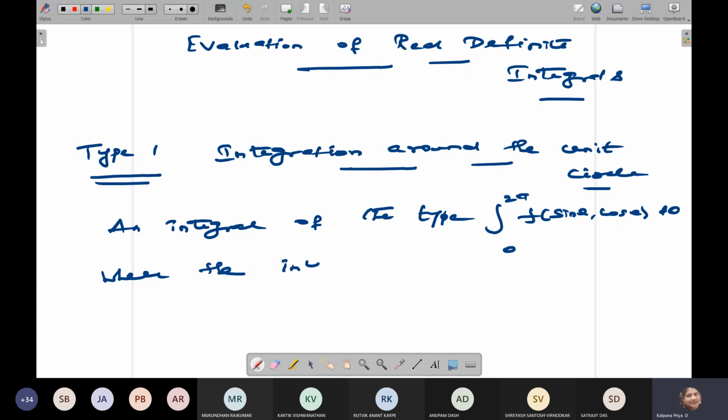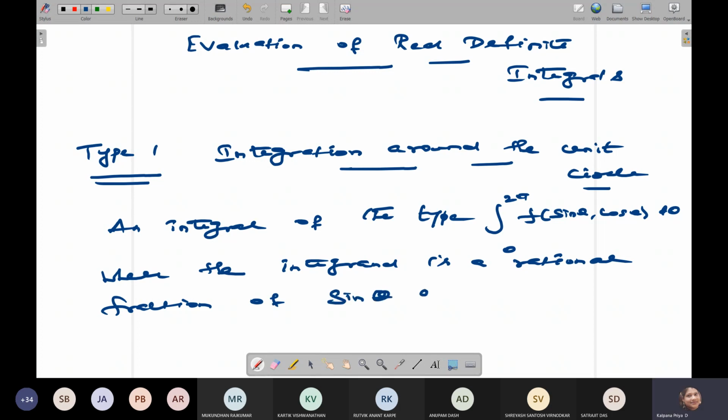Where the integrand is a rational fraction of sine theta and cos theta. Now we know that sine and cos theta can be evaluated by writing z equals e power i theta.